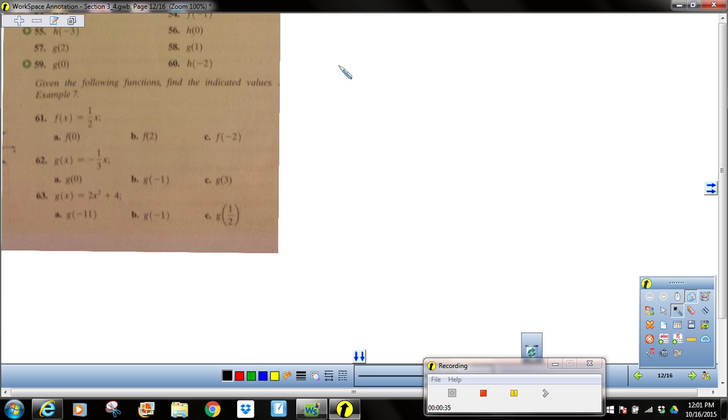Alright, so for number 62, if I do g of 0, that would be -1/3 times x, which is 0. Negative 1/3 times 0 is 0. G of negative 1.